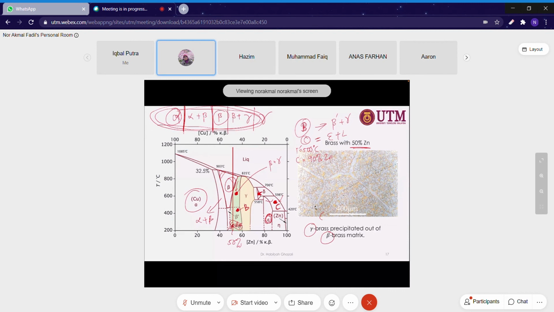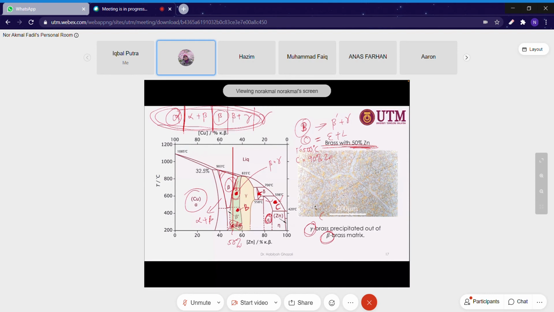For the 50% zinc, what they can see is two different colors under the microscope. They investigated and found one is a single phase of gamma, another one is beta phase. So in the phase diagram, they have this kind of system: single, double, single, double, single, double.